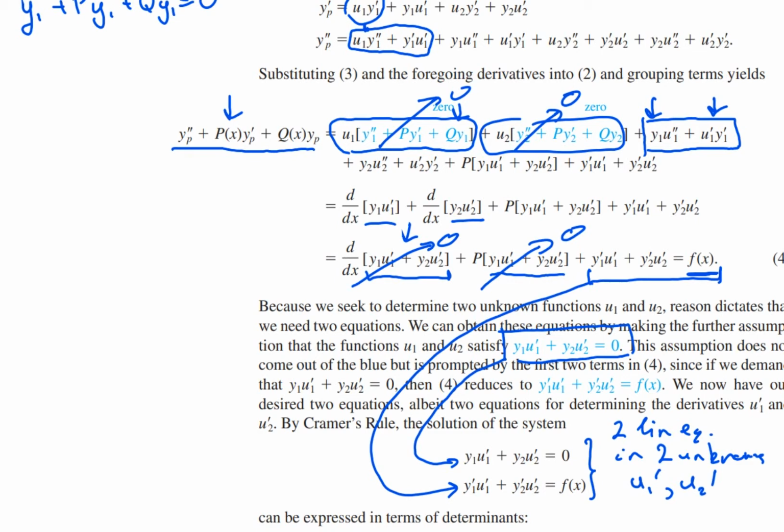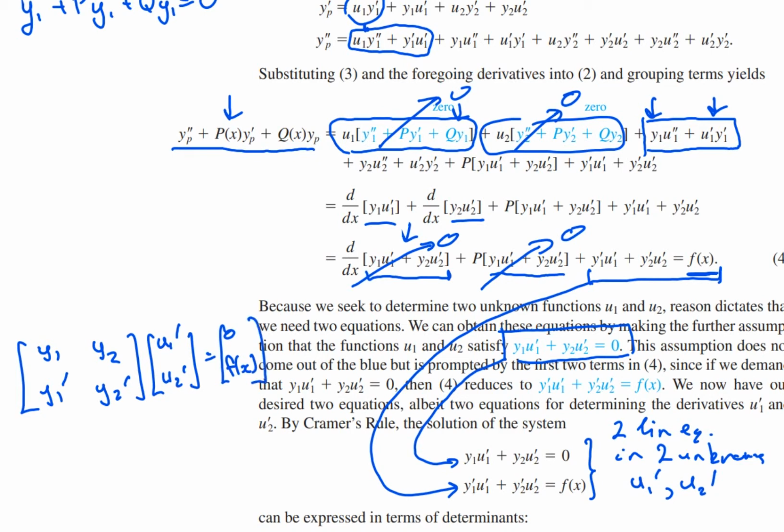But if I just temporarily think of it as an algebraic equation for u1 prime and u2 prime, I can solve that. If I wrote it as a linear system, I would have y1, y2, y1 prime, y2 prime times u1 prime, u2 prime equals 0, f of x.